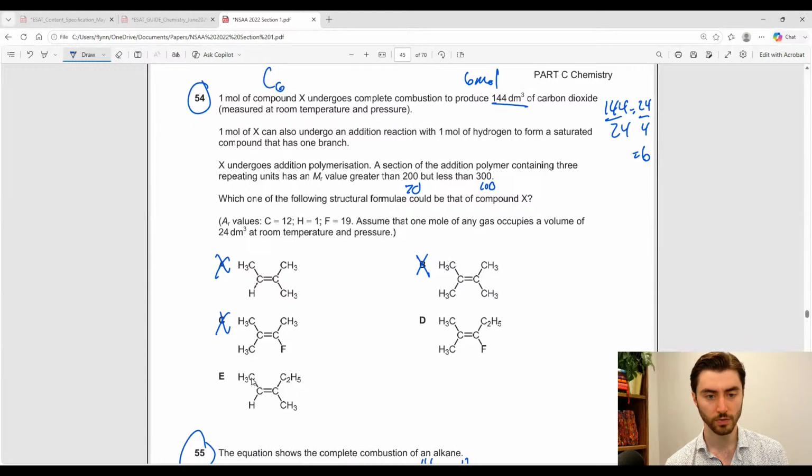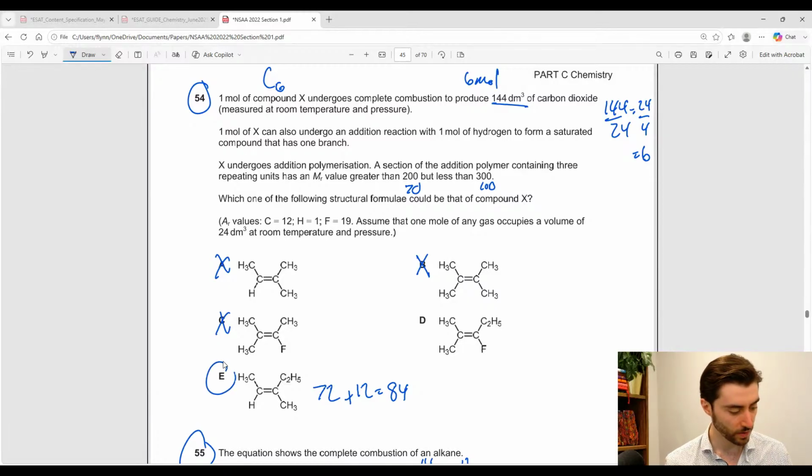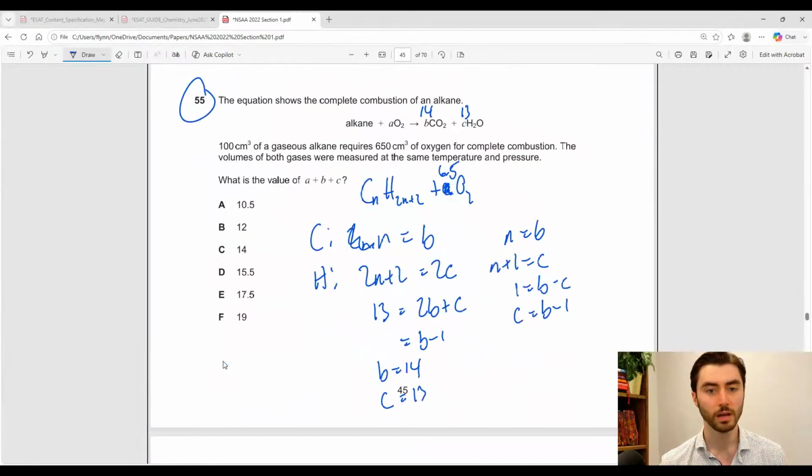So the only difference here is the H versus the F. So 1, 2, 3, 4, 5, 6 gets me up to 72. Then 5 plus 12 gets me to 84. I think it's E. And I've got a minute left on the clock.